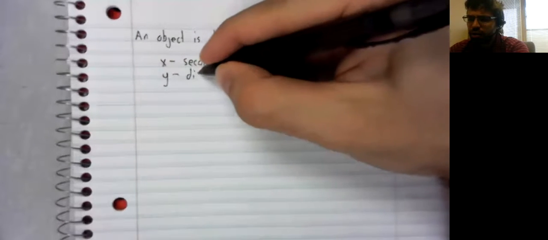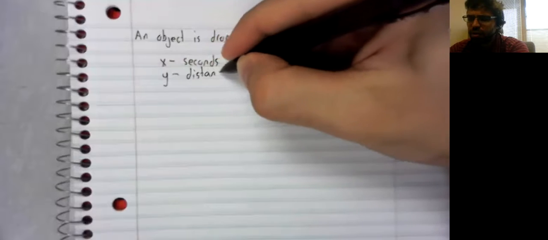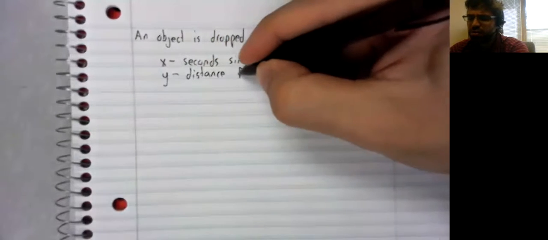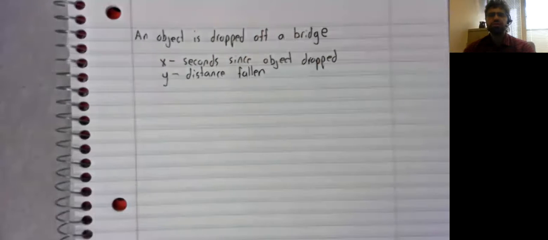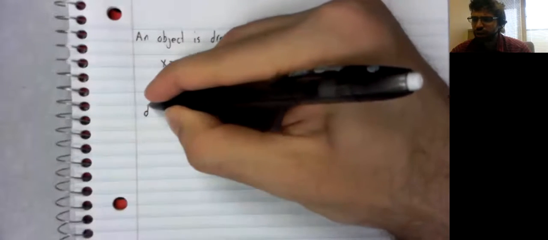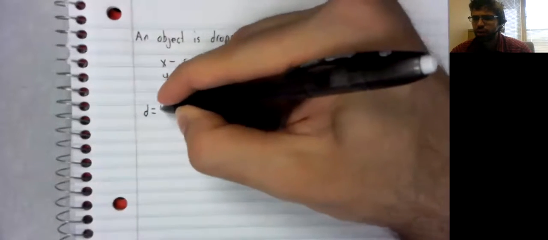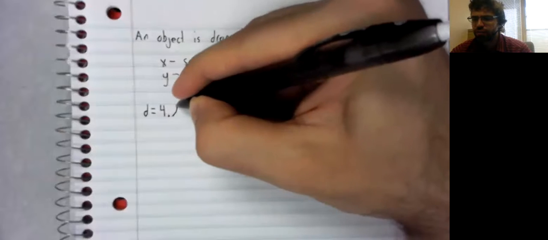And we'll let Y be the distance the object has fallen after X seconds. And this time I'm going to go ahead and give you an equation.